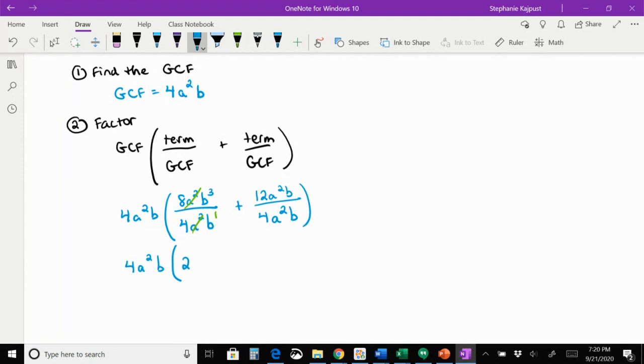To simplify those, you subtract the exponents, top minus bottom. So 3 minus 1 is 2, and I'm left with b squared. Then I have my plus. 12 divided by 4 is 3. Again, my a squareds completely cancel out, and here the b's also cancel out. So I only have that 3 left.